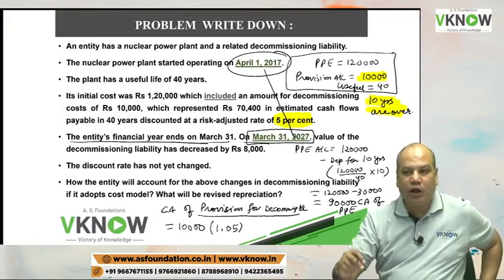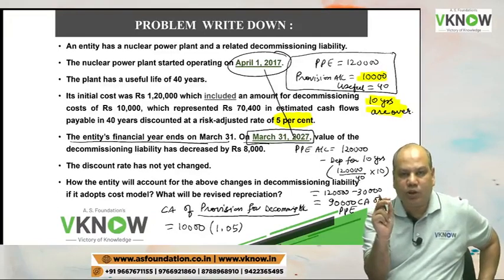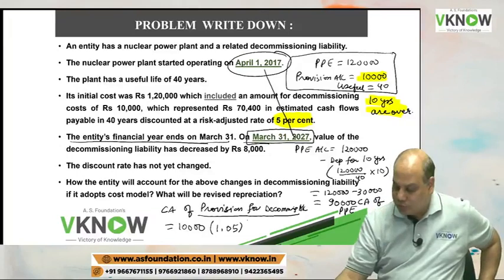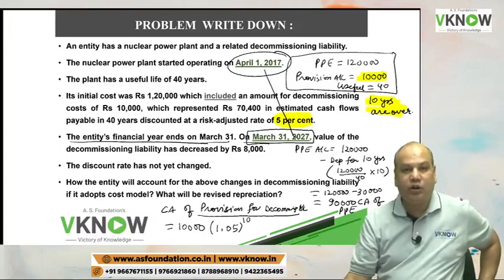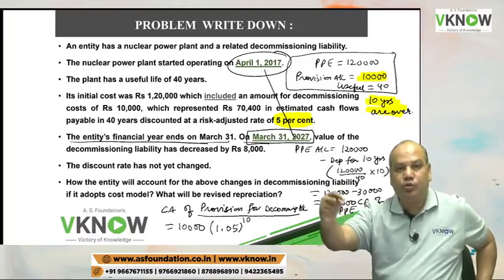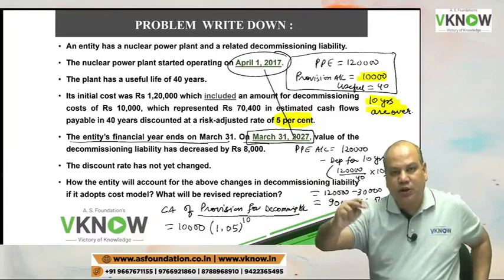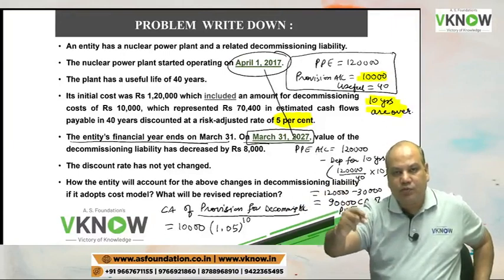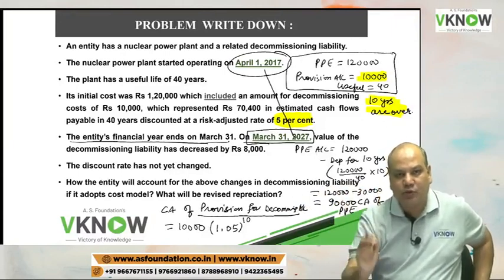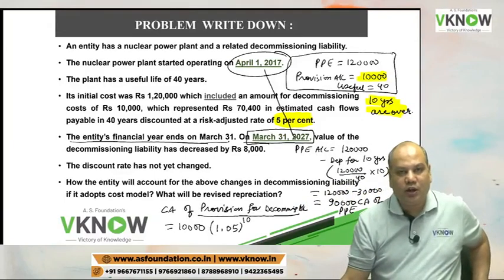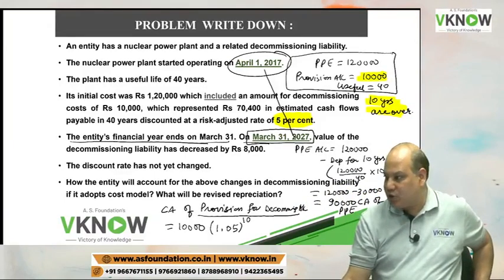After 1 year it will become 10,000 into 1.05, and to the power 10, because now we have to move towards the future. We have to add 5% every year, plus 5%, plus 5%, 10 times, and you will get the carrying amount.